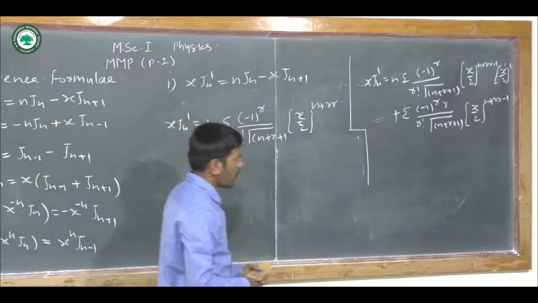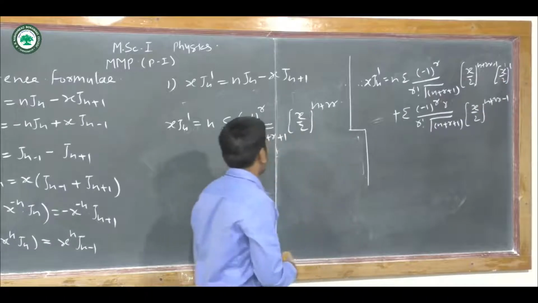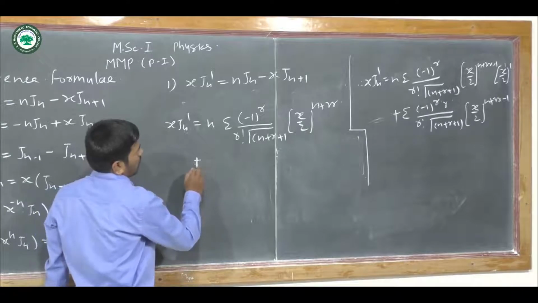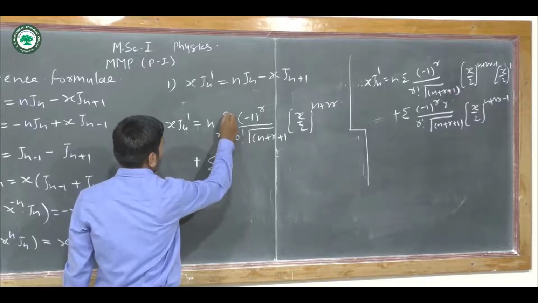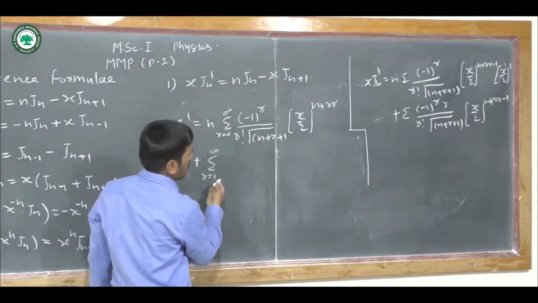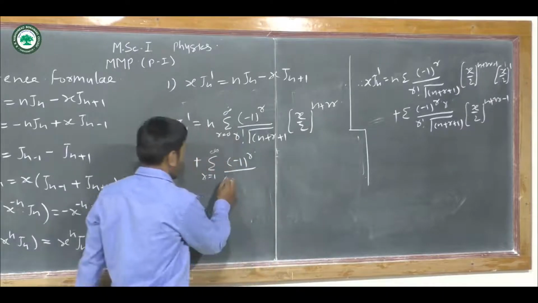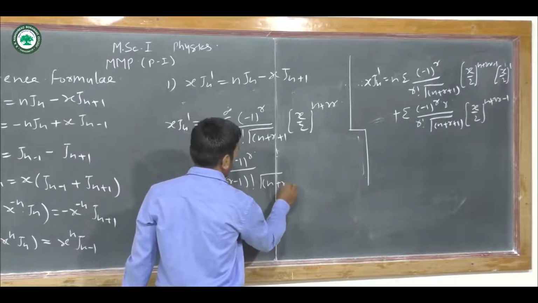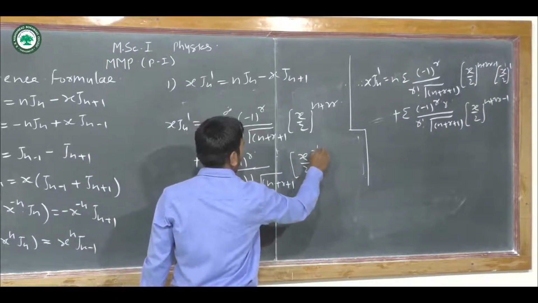The plus 1 and minus 1 cancel out, so the power remains n plus 2r. Plus the second term, the summation, where for the first r is from 0 to infinity and here r is from 1 to infinity. So minus 1 power r, and r by r factorial we can write as r minus 1 factorial, gamma of n plus r plus 1 into x by 2 power n plus 2r minus 1.